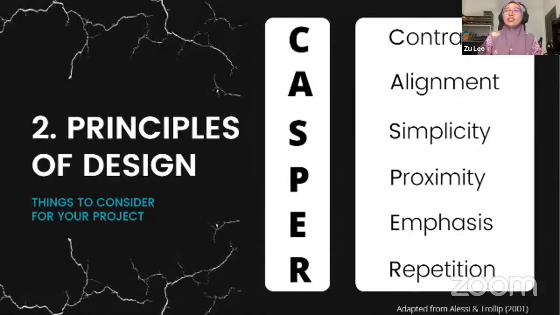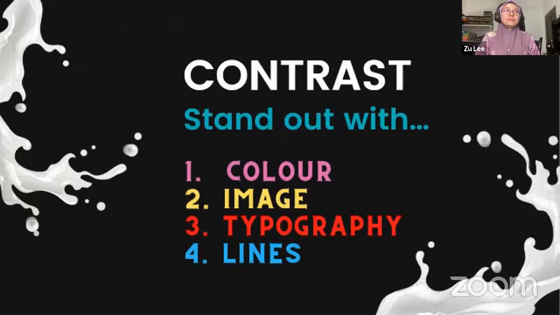Let's start with contrast. Contrast helps your slide to stand out, and you can do this four ways. You can do it via color. You can do it with image, maybe a picture that contrasts with the background.